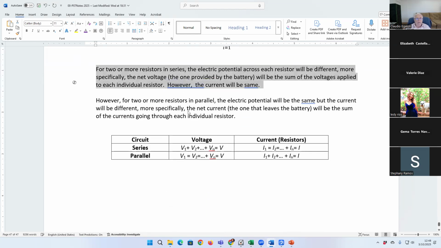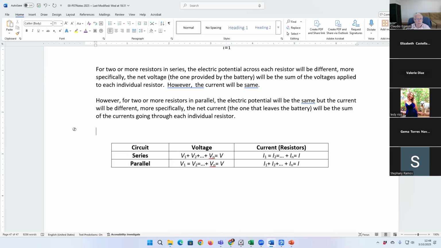Those two paragraphs are emphasized here in this table for resistors. Later on we are going to look into that for capacitors in parallel and capacitors in series.